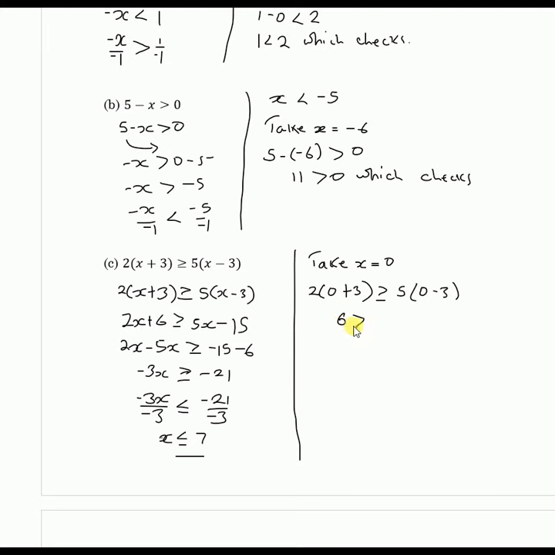Then that one is 6 greater than or equal to, this one is 5 into negative 3. 6 is greater than or equal to negative 15. This one checks because that is really true.